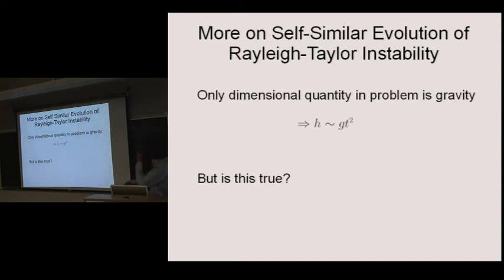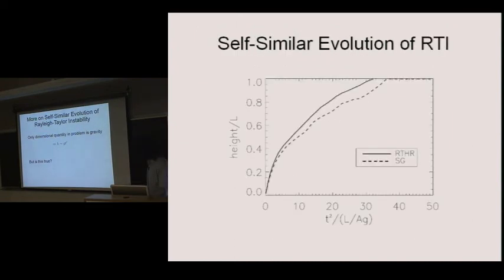In the last little bit, I want to say a little bit more about just the plain old Rayleigh-Taylor instability without anisotropic conduction. Earlier in the talk, I said that the height of these Rayleigh-Taylor bubbles should increase as G T squared. And this is motivated from dimensional analysis when you say that the only dimensionful parameter in your problem is gravity. So I wondered, does H actually go as T squared?